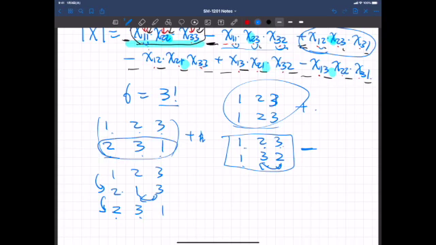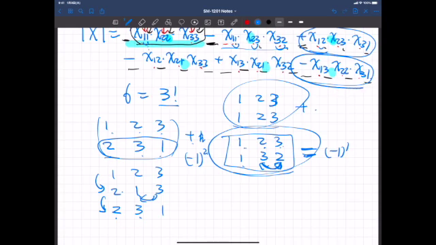So this 2 corresponds to negative 1 to the power of 2, which is positive, right? In the previous case, it was only one swap, that is negative 1 to the power of 1, which is negative. The same is true for everything else. Let's take the last term here.